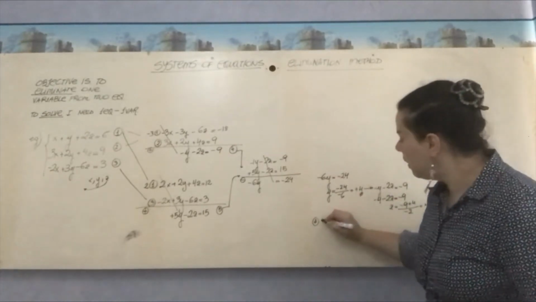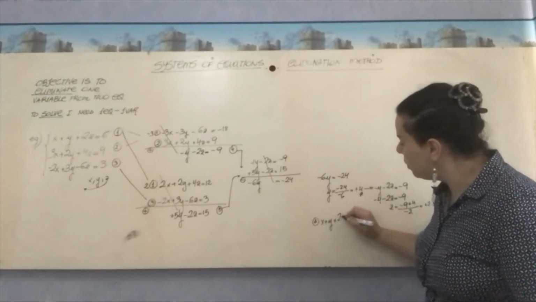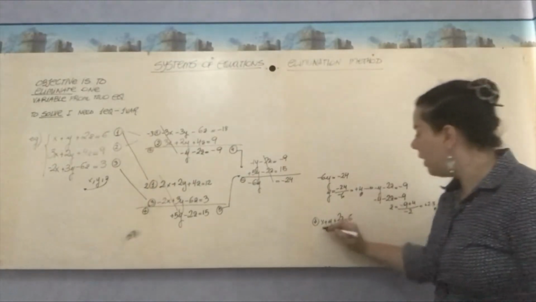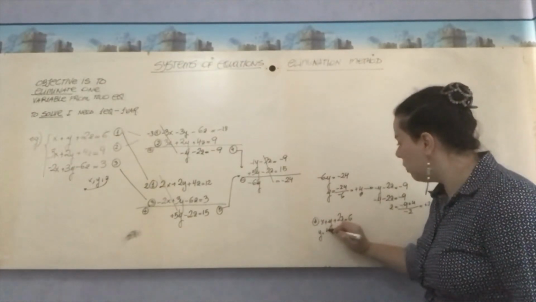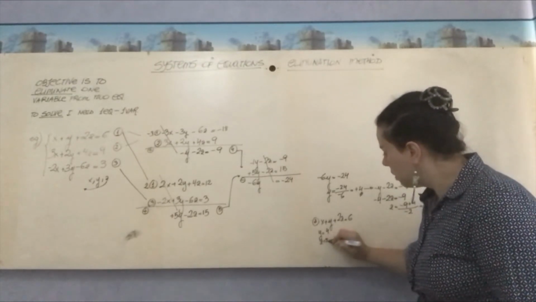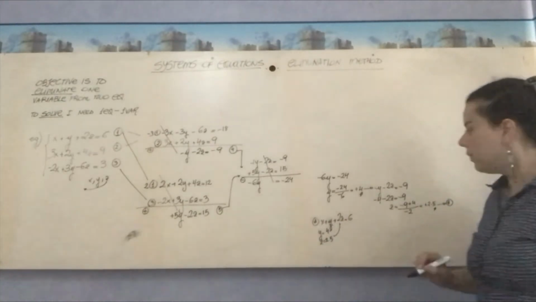What do we have? X plus y plus 2z equals 6. But now I know that the y equals 4 and the z equals 2.5. So I can substitute them there, no problem.